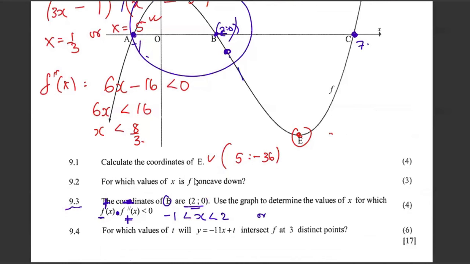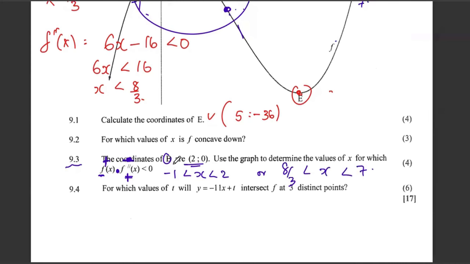It is within this region here. And then concave up, but the graph is below, which is between 2 and 7. Okay, so since they're asking for the x values, is it going to be a 2? It should be the, what do you call it, the point of inflection, which is 8/3 is less than x, and then is less than 7. Okay, so that is how 9.3 would have been answered.